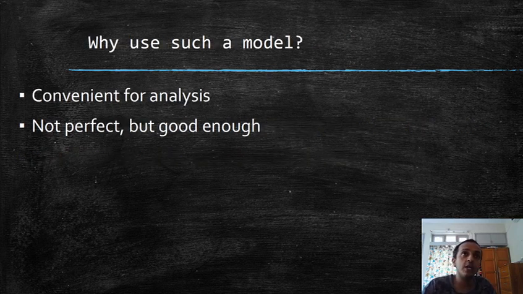But then the question comes, why use such a model? The easy answer is that this model is convenient for analysis. It makes our job of analyzing data structures and algorithms very easy, very convenient, but that should not be the right reason. The right reason is that even though it is not perfect, this model is observed to be good enough.